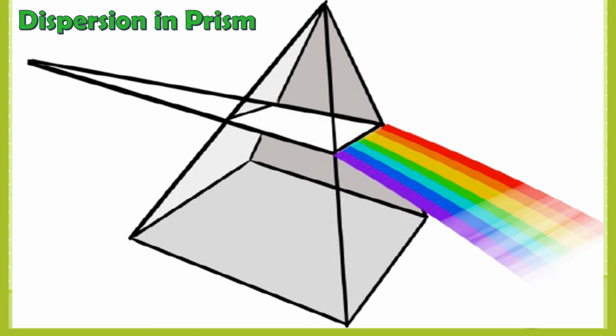Okay, so this is how dispersion in prisms is being demonstrated. From the source is the white light, then what happens as it is put in a prism? What it produces are the different colors: red, orange, yellow, green, blue, indigo, and violet.